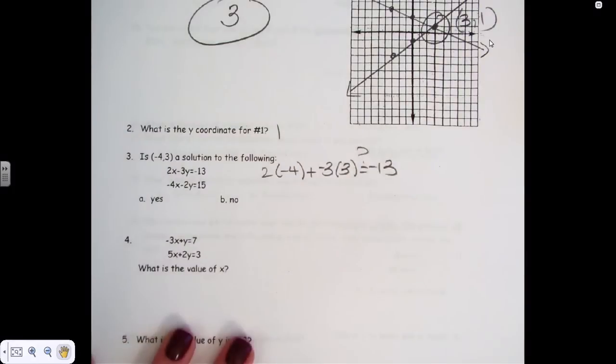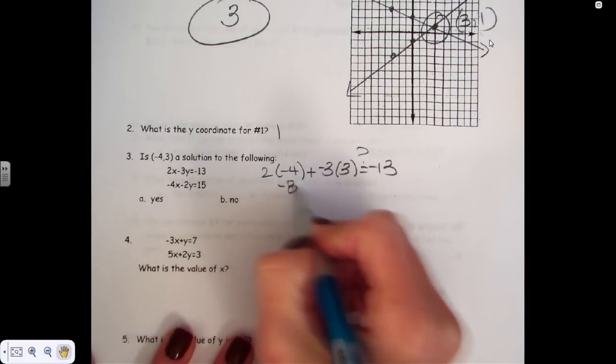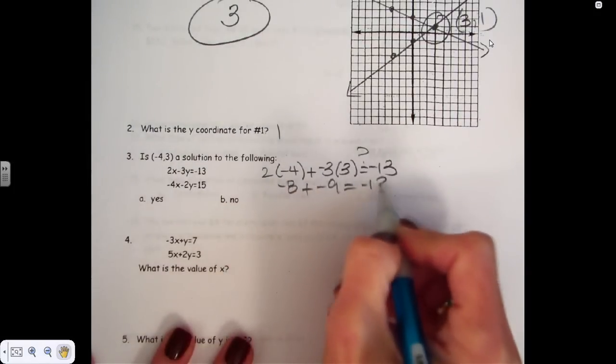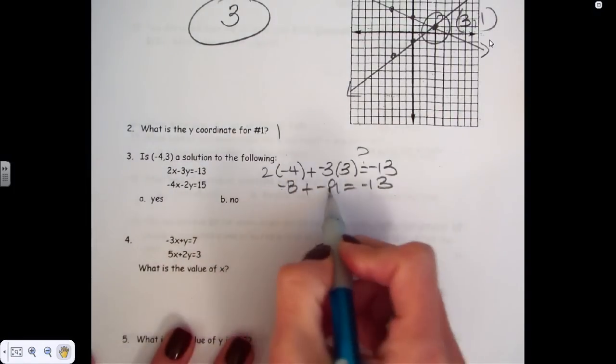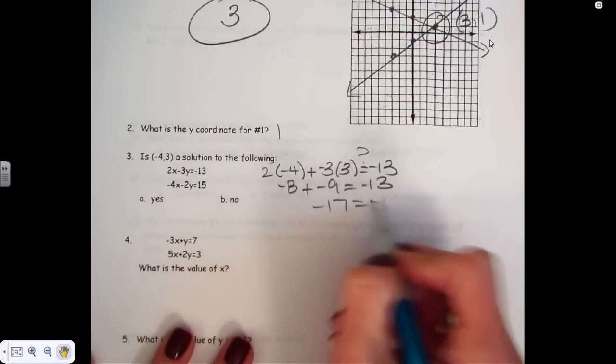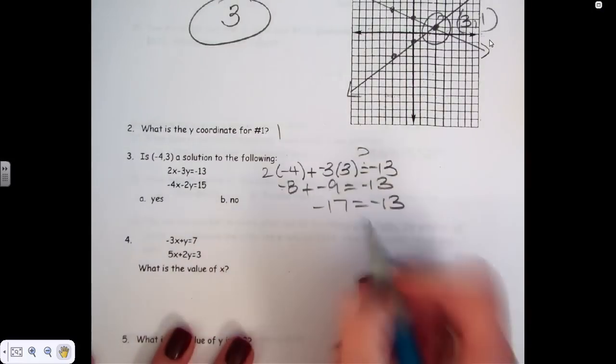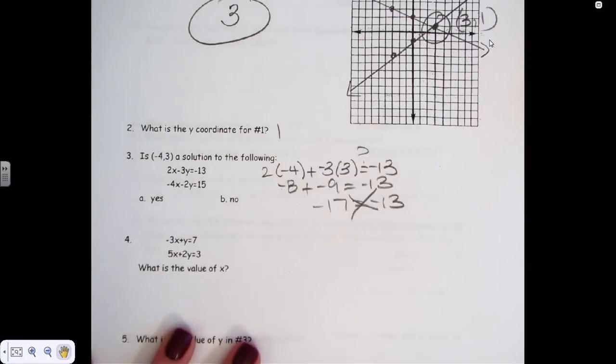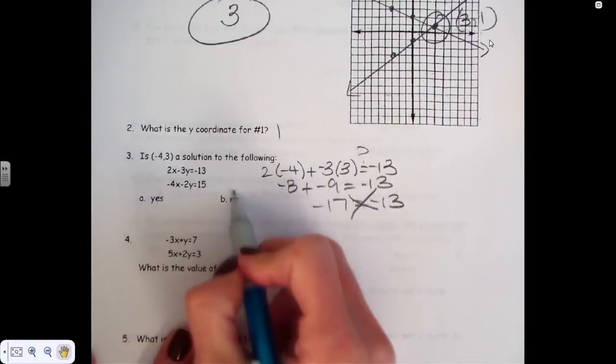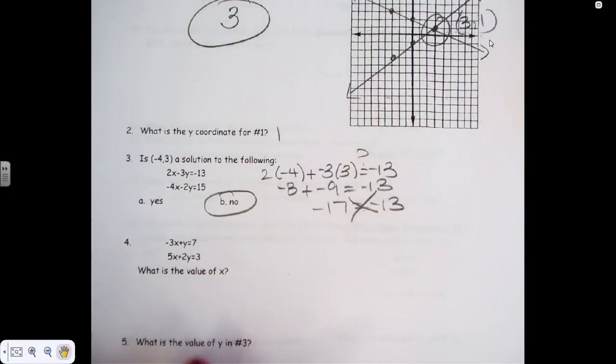And that's what we're trying to find out. Well, negative 8, negative 9 is negative 17. And we know negative 17 does not equal negative 13. I don't need to go any further, because if this is a no, then it is a no. Now, if this was yes, we would need to go into the second equation.